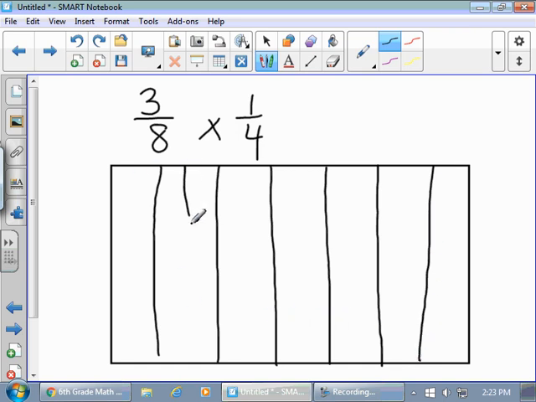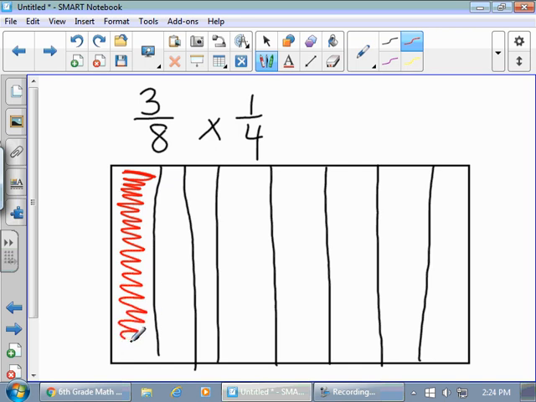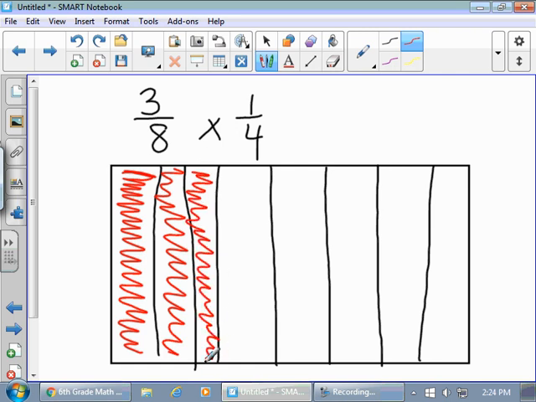I'll come back over here and cut that one in half again. Alright, so there's 8. Mine are not equal. Okay, so there's 8. I'm going to color 3 of those. So I colored 3/8 of that rectangle.